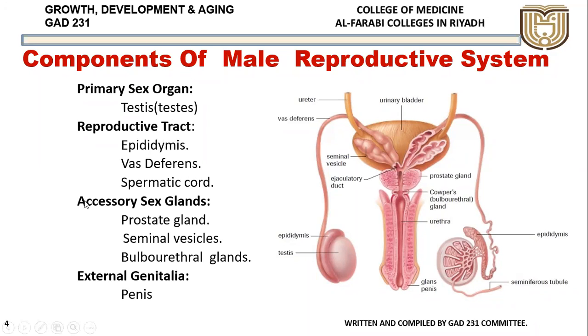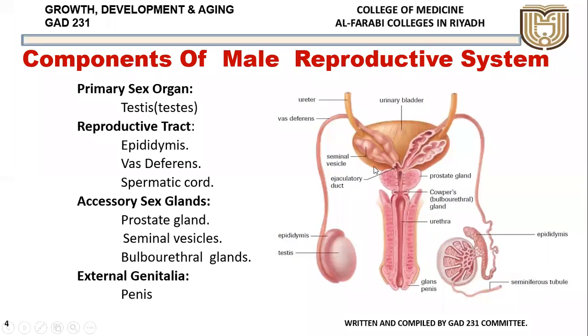Then we have something called accessory sex glands. Accessory means additional, extra. The primary sex organ will be the testis. The additional will be the prostate, which is the largest of the accessory glands. Then we have the seminal vesicles and the bulbourethral gland. Here you can see this is the prostate.